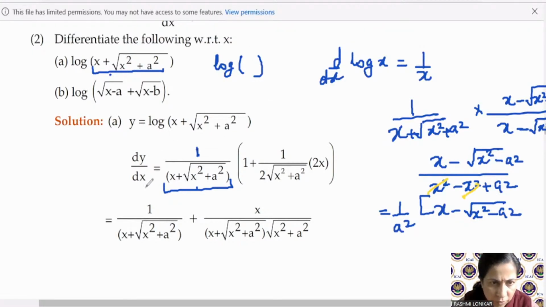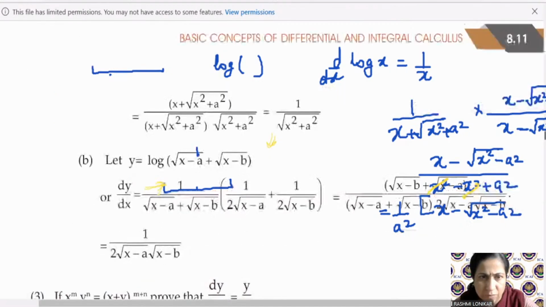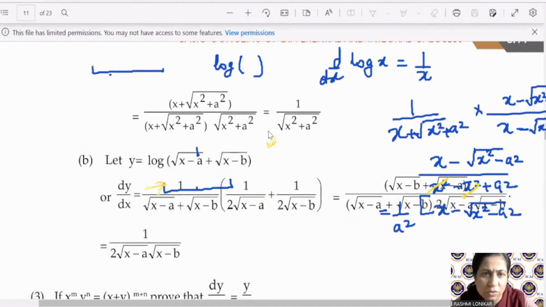The derivative of this function, x plus square root of x square plus a square, will give you this, and then when you simplify this you will get the answer.